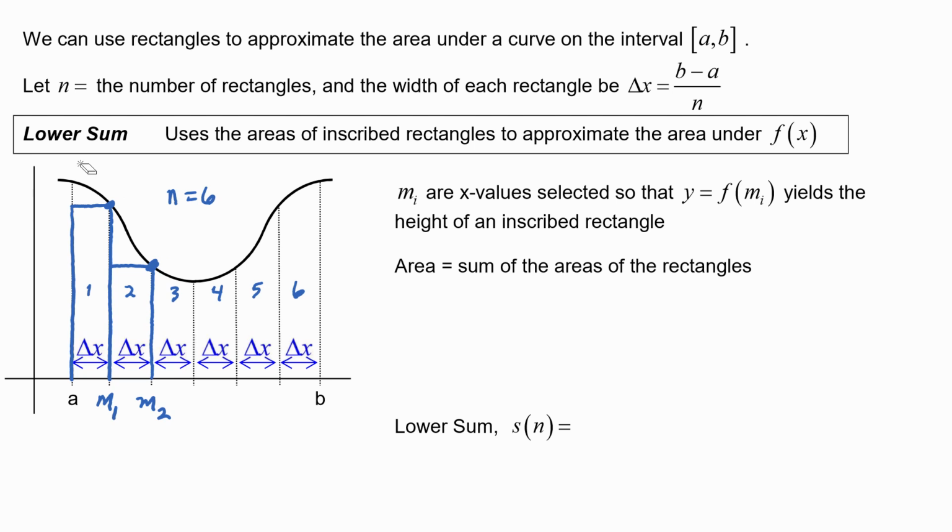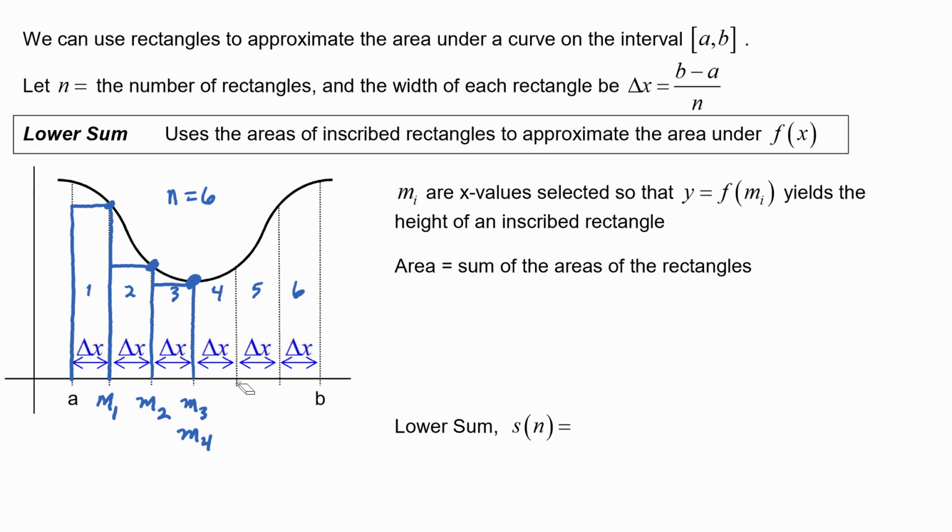In region 3, we have to pick this x value because then the height of region 3 would be f of m3. Now notice for region 4, we actually have to pick this same x value again.